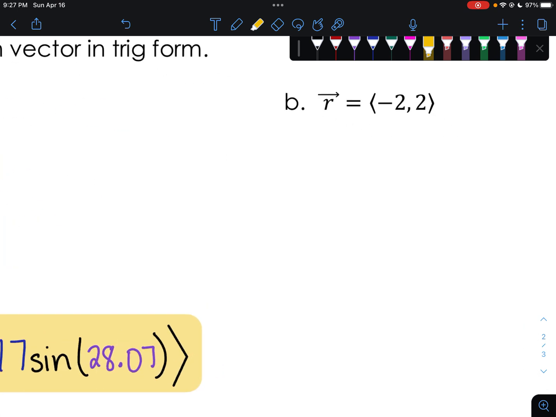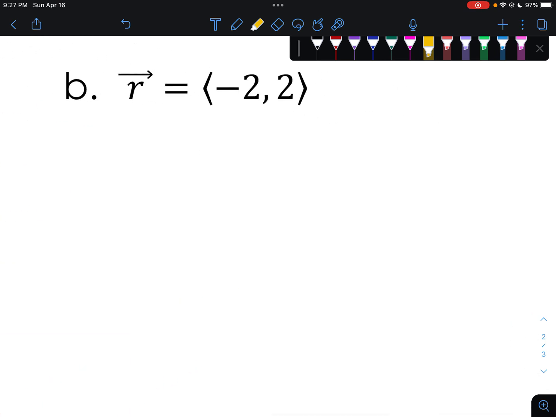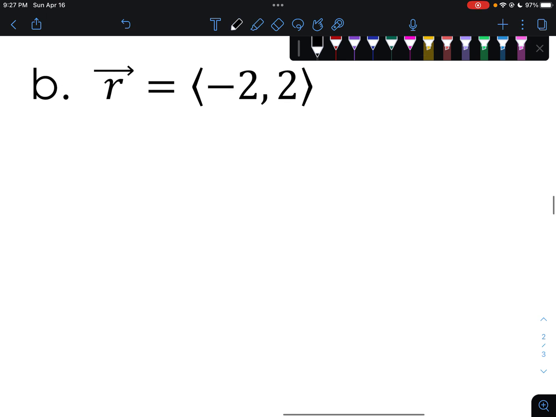Going on to the next one, part B, where we have vector r, which is -2, 2. So first thing we do is we find the magnitude. So I'm going to start with the magnitude first.